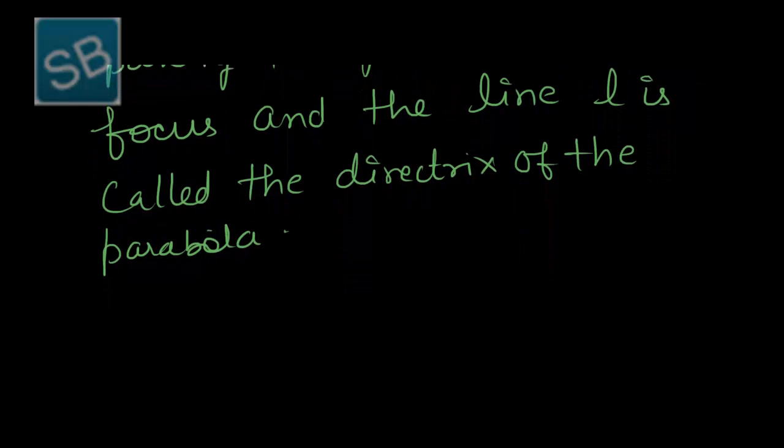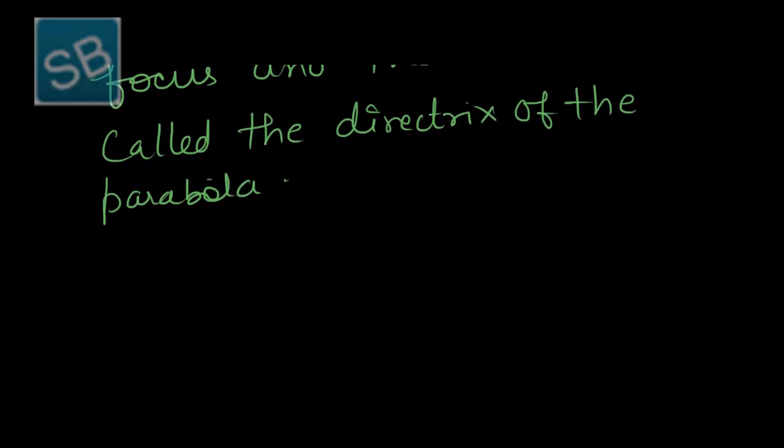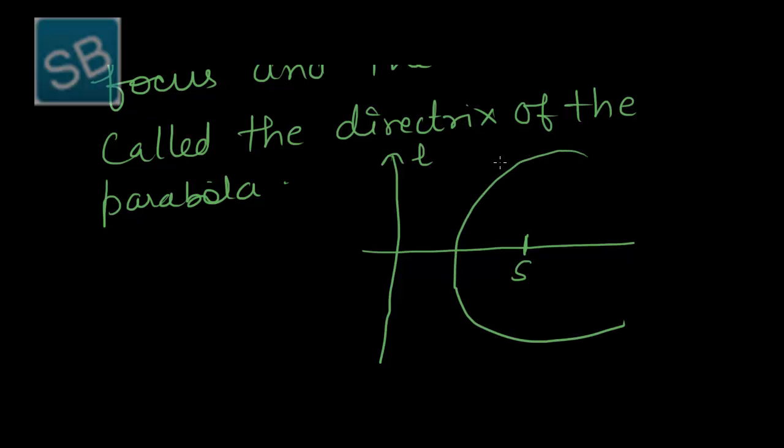That is, if this is a fixed point, the focus, on the x-axis, and if this is line L not passing through S, and a point P on the surface of the conic, then we have SP, and from P we draw a perpendicular.